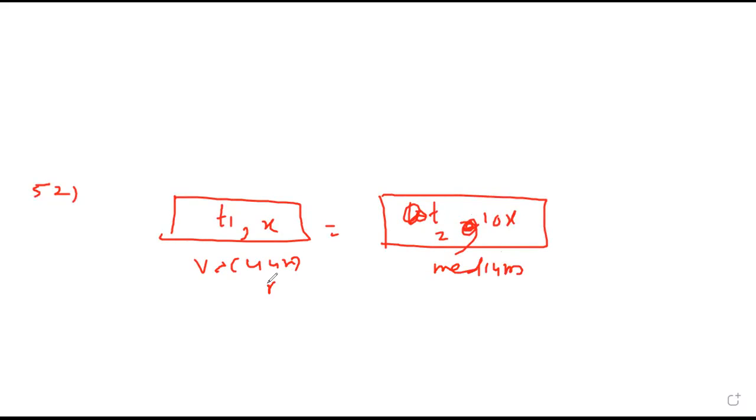Now this vacuum means rarer and this medium means denser. The critical angle corresponding to this will be how much?